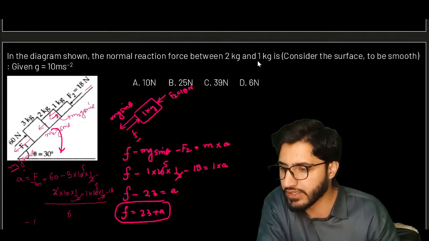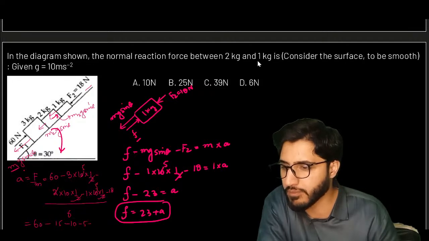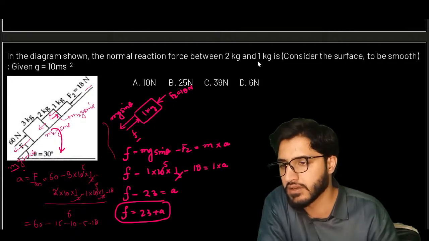So we have now 60 minus 5 threes are 15, 15, 10 minus 10 minus 5 minus 18, whole divided by 6. Clear?